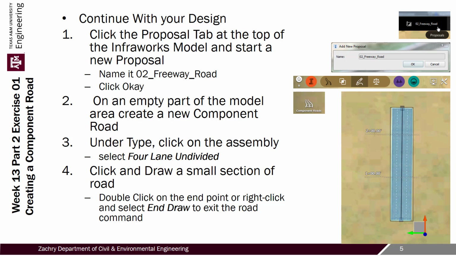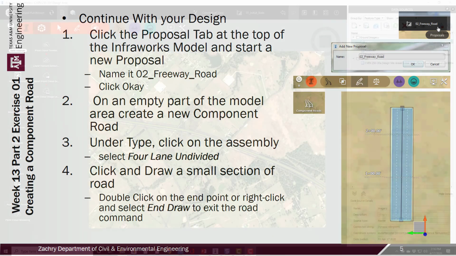So we're going to come in on an empty part of the model and create a new component road, and create the assembly based on a 4-lane undivided road, and we're going to use that for a collector. And then once we finish drawing out that road and placing it, we're going to start customizing it to what we want for our major collector. All right, so let's show how we're going to do that.